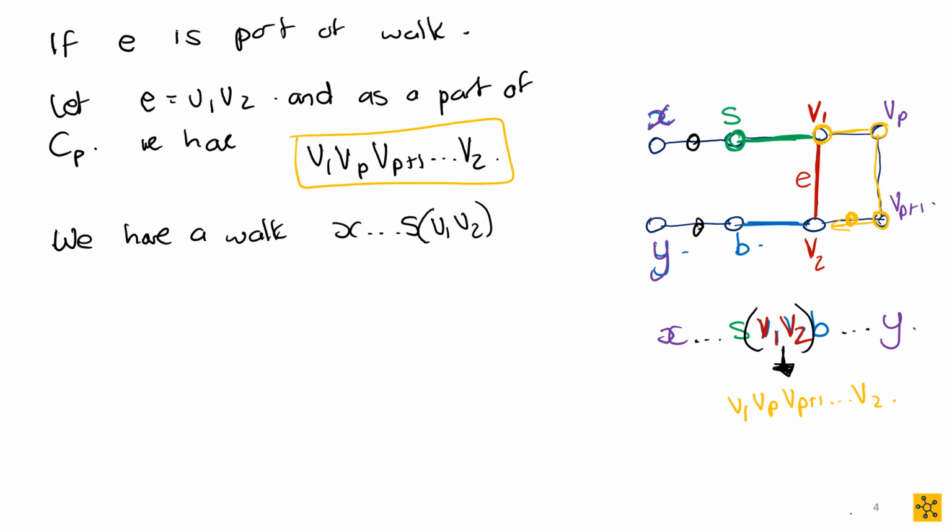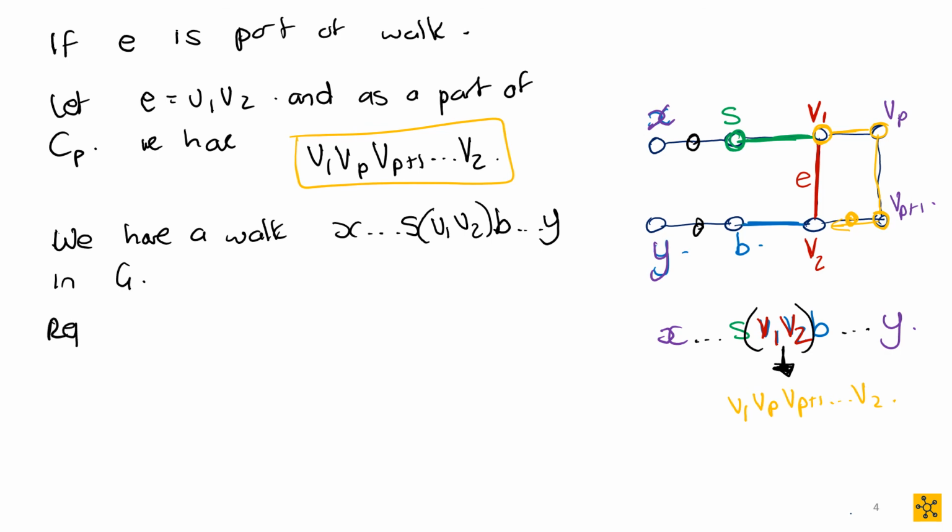So you remember that that's the edge that we want to remove, the edge that is a part of the cycle. B all the way to Y in the original graph G. Okay, now that is the original graph G because the original graph had the edge in. Now we're going to look at it in terms of going around that edge. So we're going to, again, replace that edge with the roundabout walk that goes around it because it's a cycle.